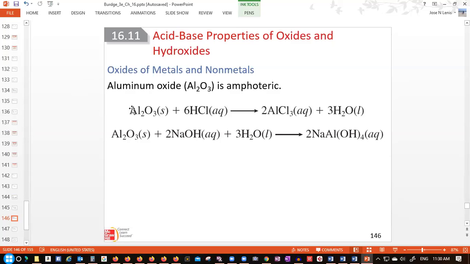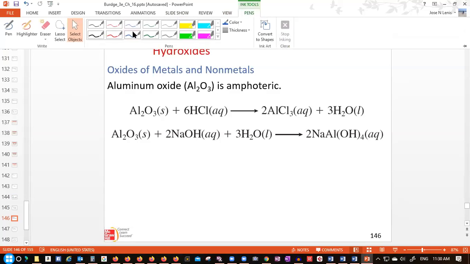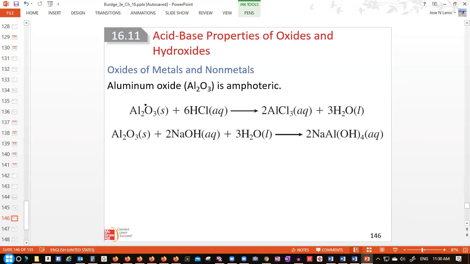So that means the aluminum oxide is reacting as what? If this is reacting with an acid, we recognize this is an acid. We are not sure about that. However, when this reacts with this and there's a reaction, that means this is working as a base against the acid.